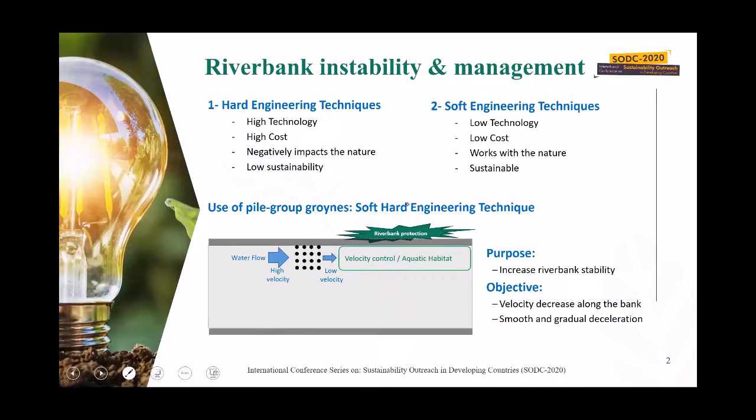To manage riverbank instability, there are two main types of techniques, which are hard and soft engineering techniques.